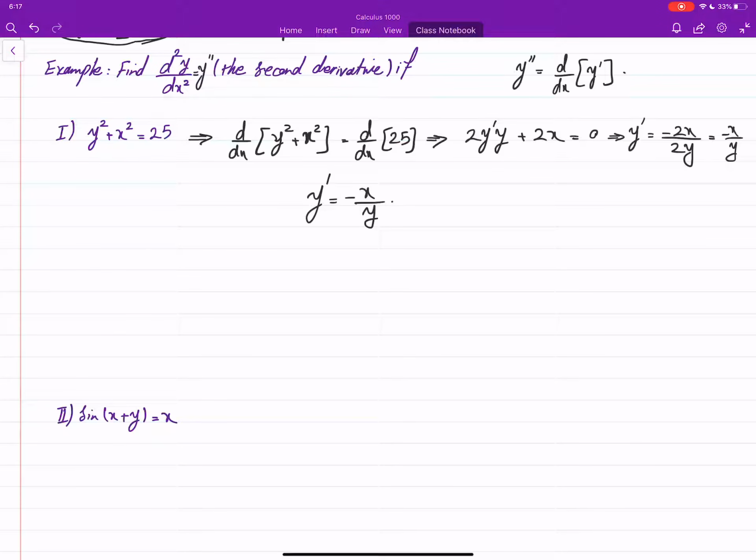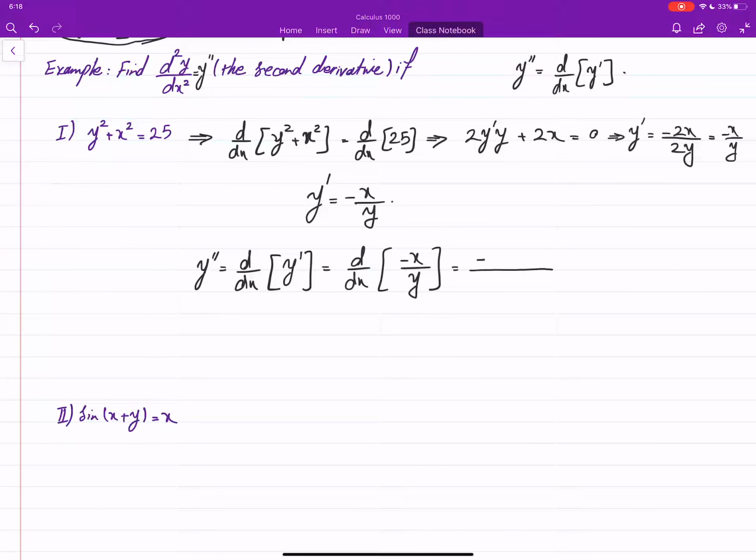Now we want to find y double prime. That means you have to differentiate y prime with respect to x. Y prime means minus x over y, and you differentiate that with respect to x. This is the quotient rule, yes.